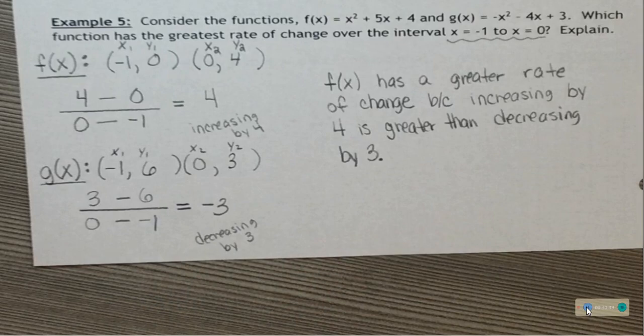So when you're comparing, ultimately, you ignore the positives and negatives and you just look at the number part. Whichever number part, the absolute value, is bigger, that particular function is your greater rate of change.